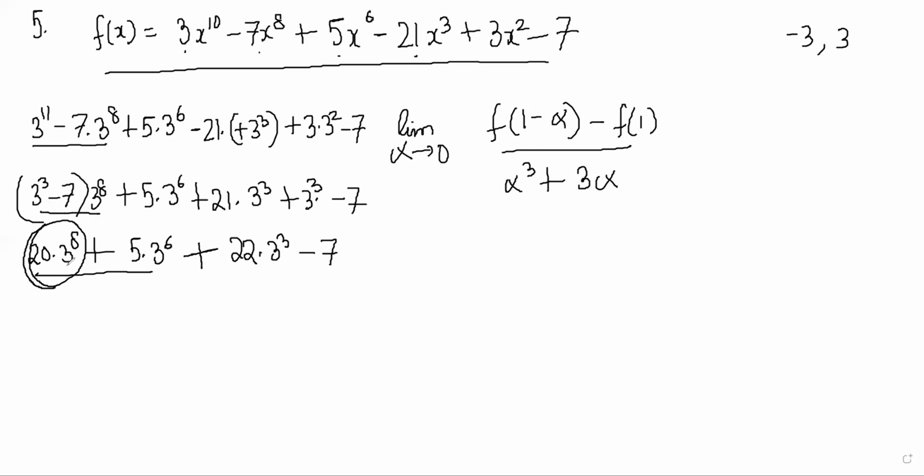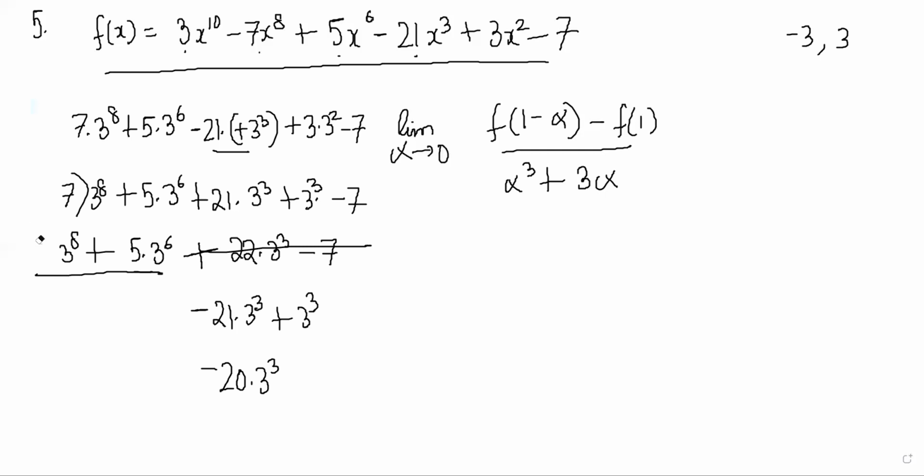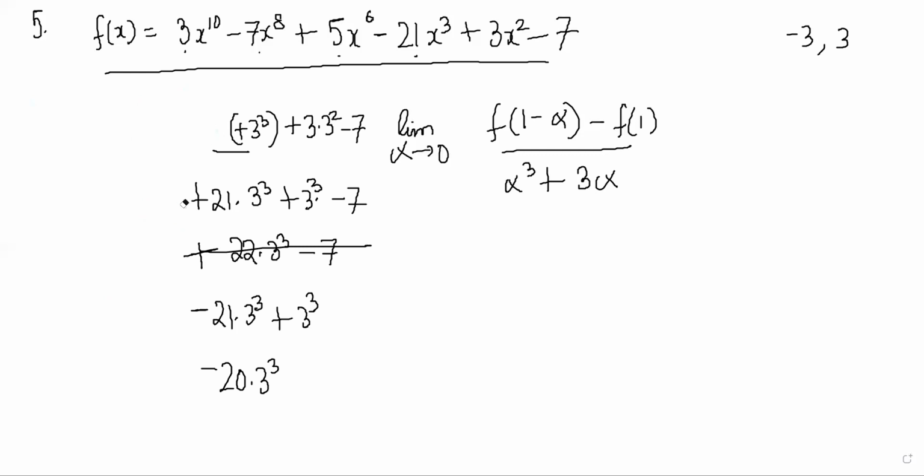So 20 into 3 power 8 and 5 into 3 power 6 are the same, and this becomes minus 21 into 3 power 3 plus 3 power 3. So it is basically minus 20 into 3 power 3. But that also won't work. Nothing is working. Okay, let's not worry about it then. Then we have to basically figure out the limit here. Is minus 1 or 1 working? Minus 1 will not work.